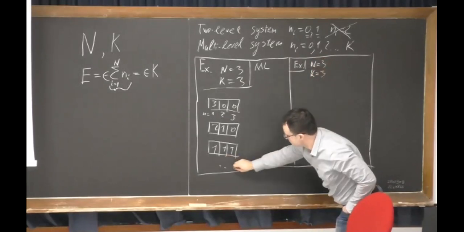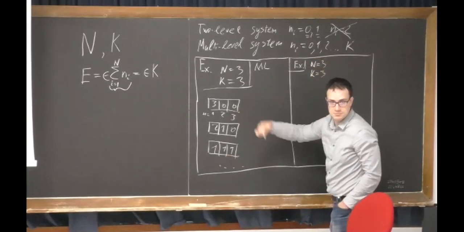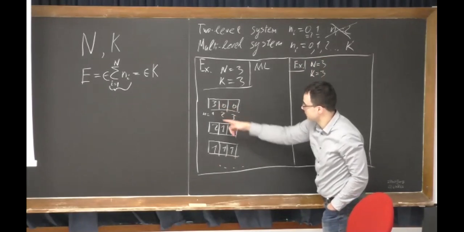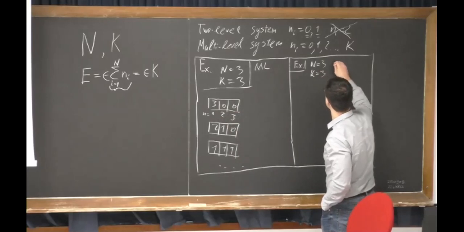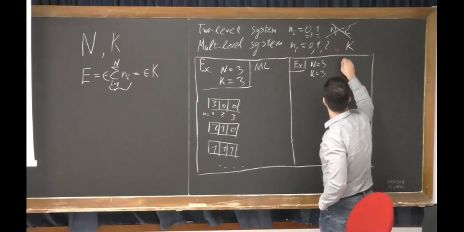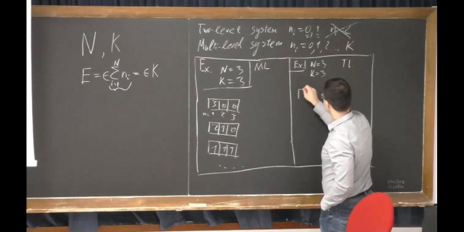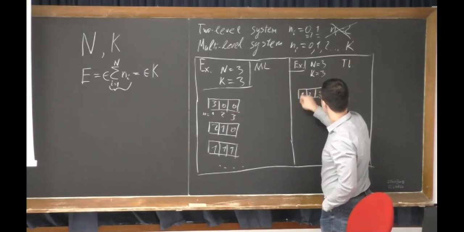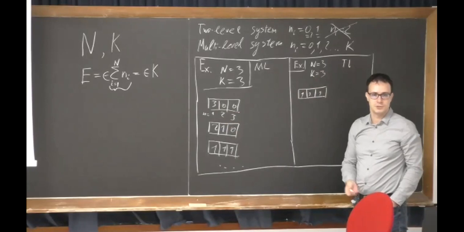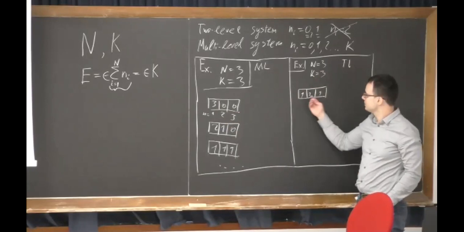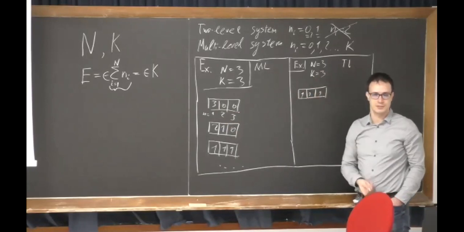You can just see that the sum gives you 3, and there will be really many more states as compared to two-level systems, right? Here, what you could have is this, and that's all. There's no way you can excite 3 times a system in which each particle can be excited only 1 time.